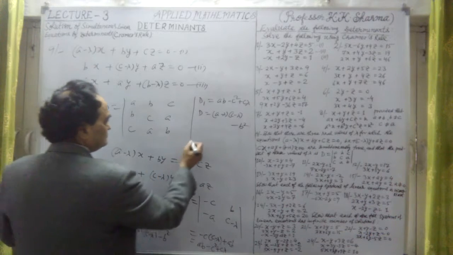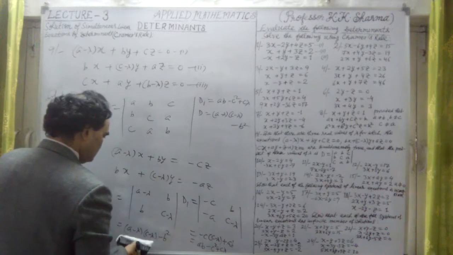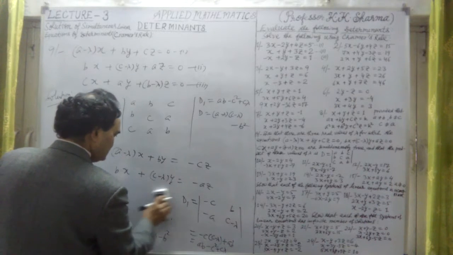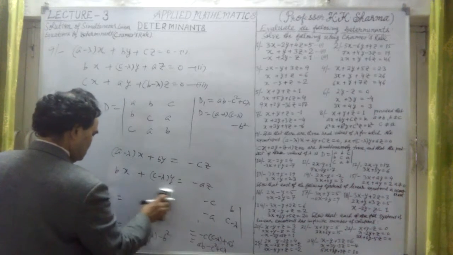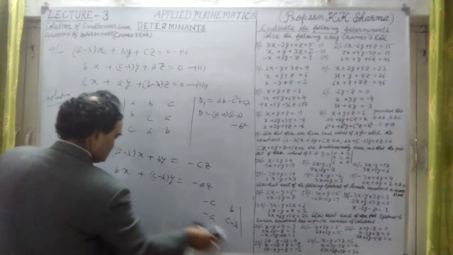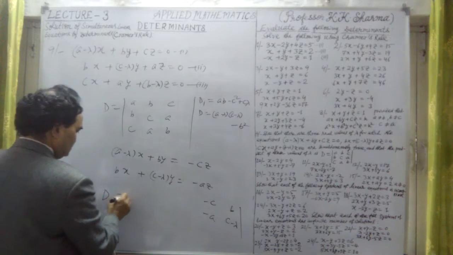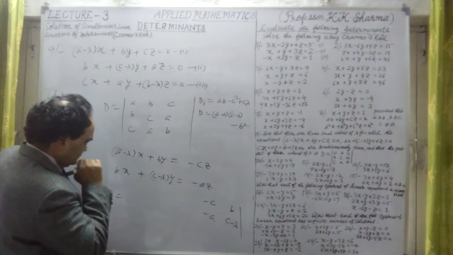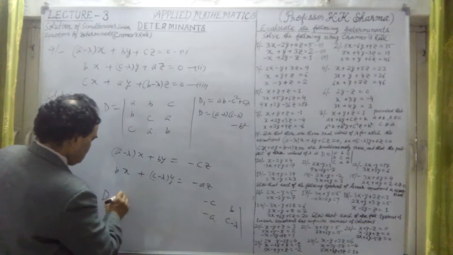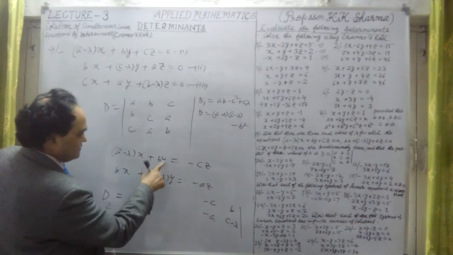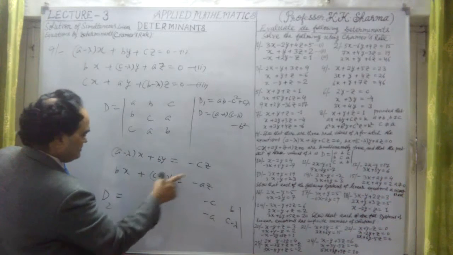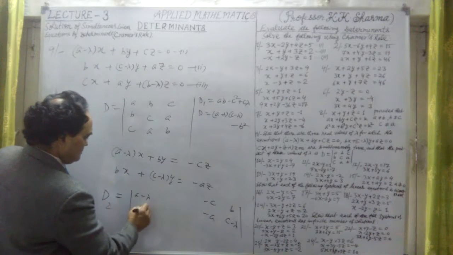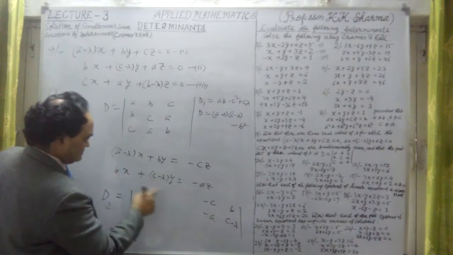So D2 will be, now let me write here D2. What is the D2 value? For D2, we have to put here in place of the coefficient of y, and this is A minus lambda, and the coefficient of x as it is.